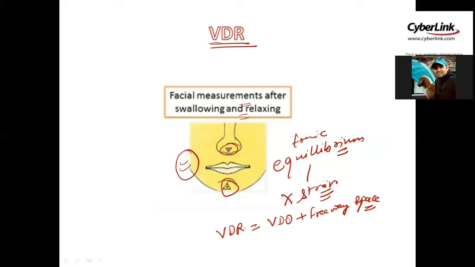The patient is asked to perform movements like wetting his lips and swallowing, right? Once the patient performs the above mentioned movement, the mandible will come to its physiological rest position. Or another easy method, we will ask the patient to say repeatedly, pronounce the letter M.